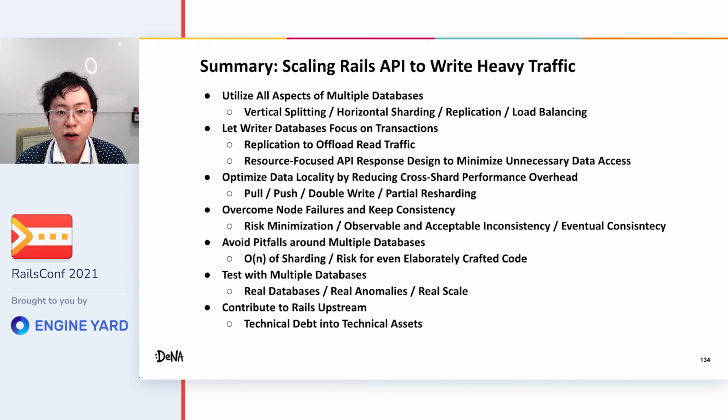This can ensure all the techniques here are working as intended. By using real databases, real anomalies, and real scale, we can ensure everything is working well. Lastly, I believe it is crucial to contribute to Rails upstream, which turns technical debt into technical assets.